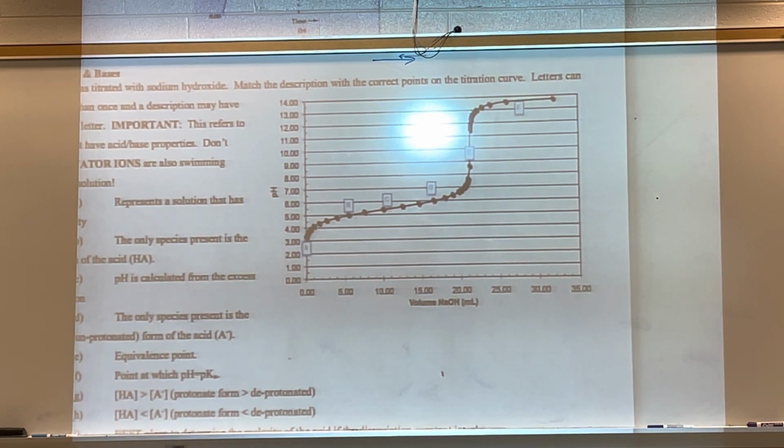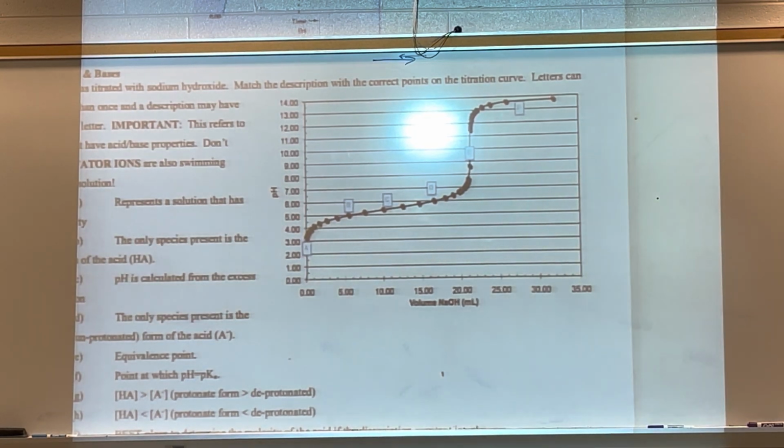Obviously the equivalence point is point E. The point at which pH equals pKa is C, and remember, we've seen multiple ways in which they ask that question. pH equals pKa. HA is greater than A minus: A and B. HA is less than A minus: D, E, and F.